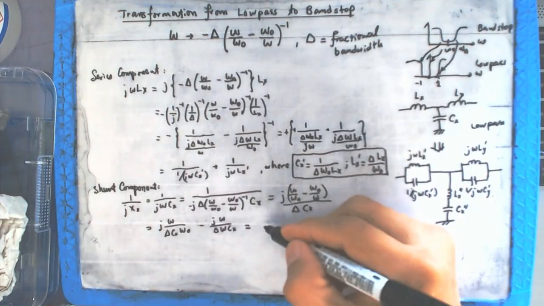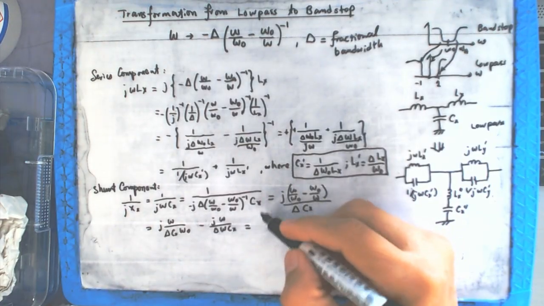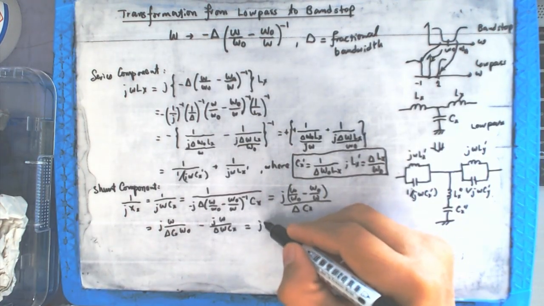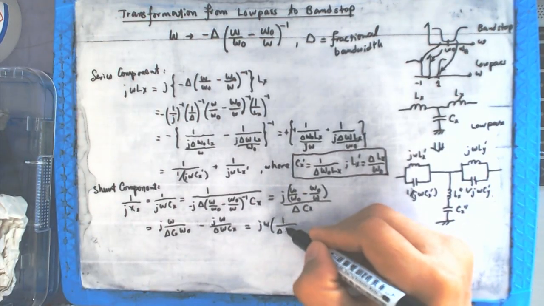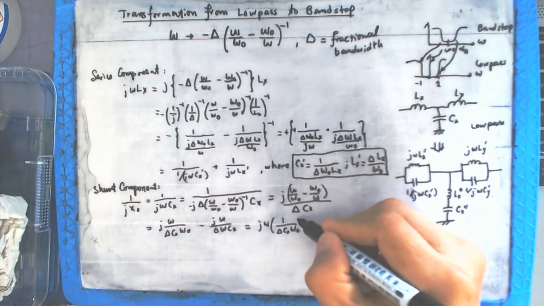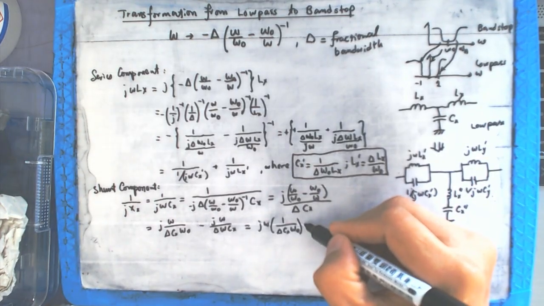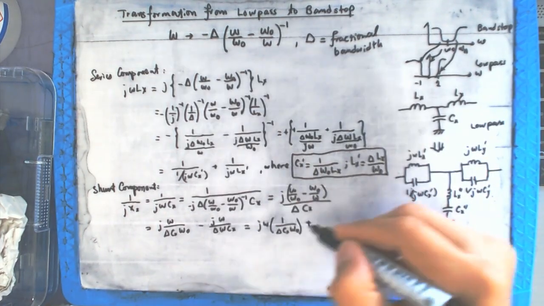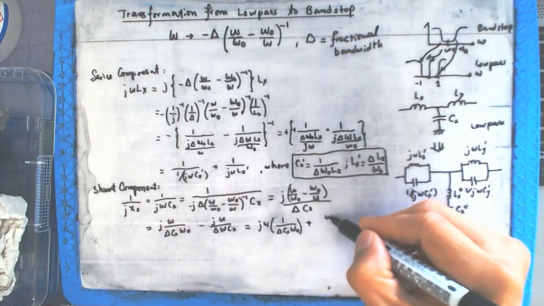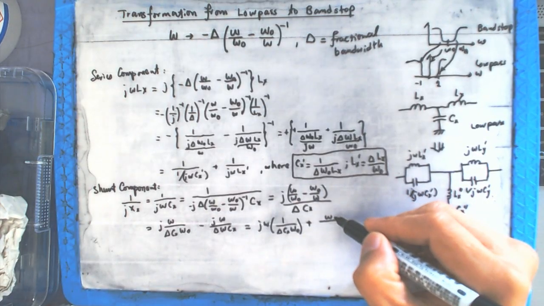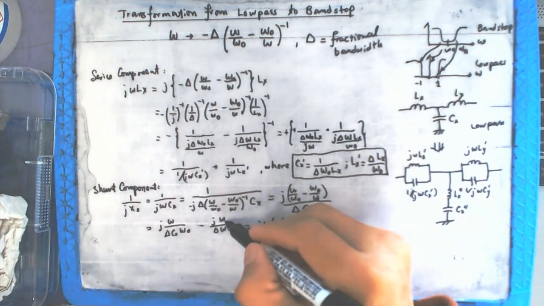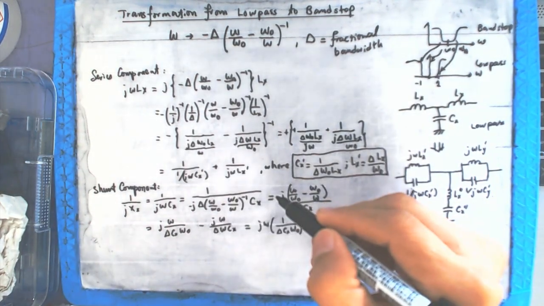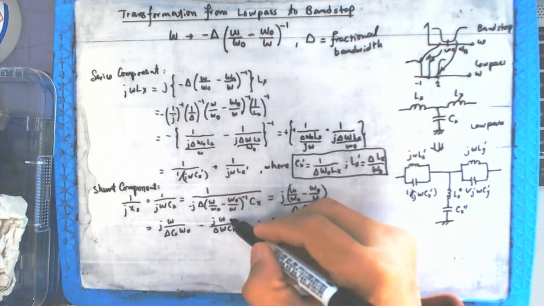You get j omega and then a lump term, and then here you can move the j to the bottom, precisely, right? There is an omega naught here, yeah.